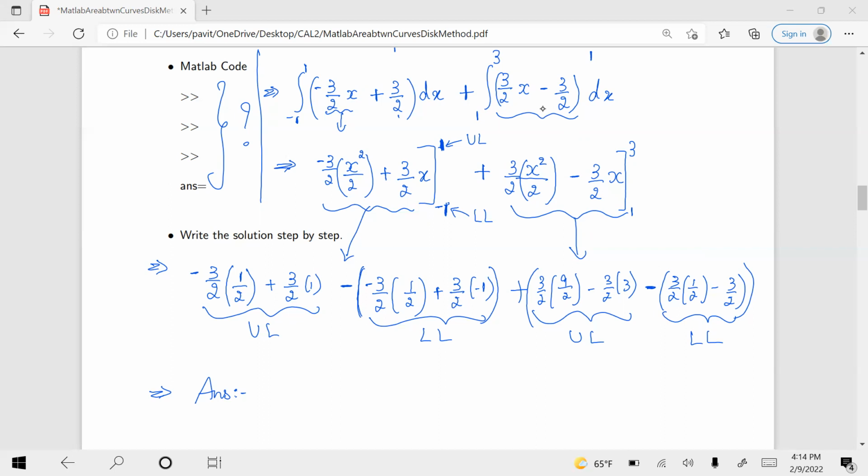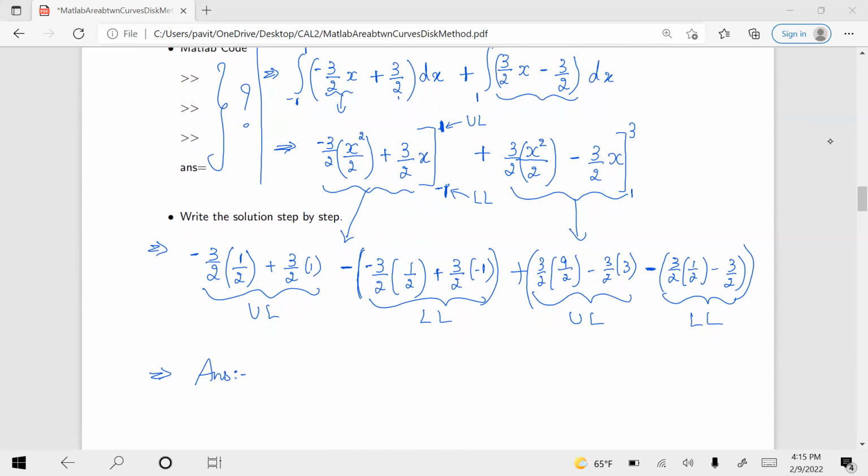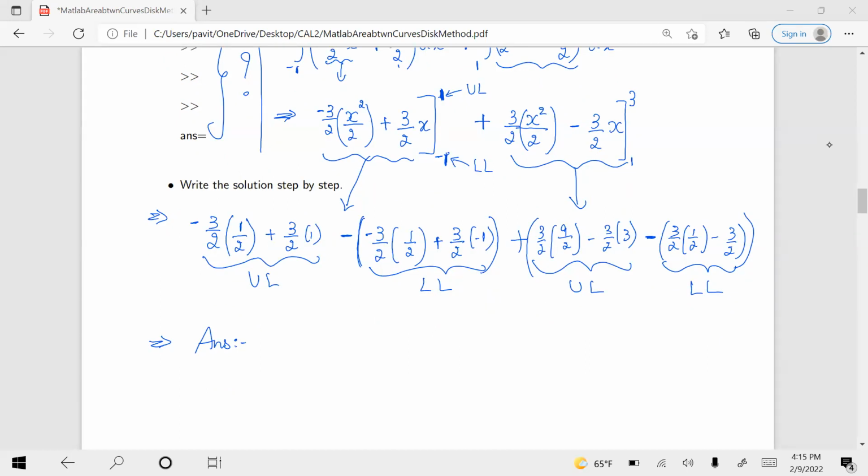Okay, you might have made a mistake with multiplying the negative sign. No, 0 is not the answer. 3 over 2, no.